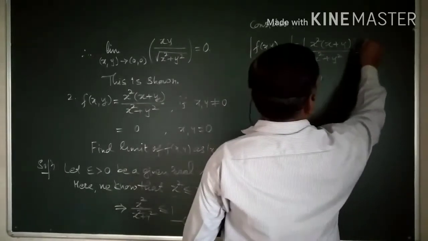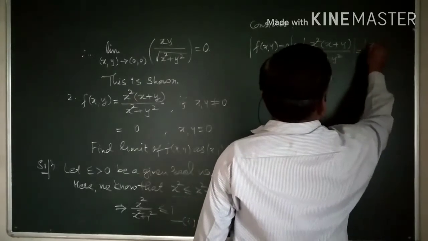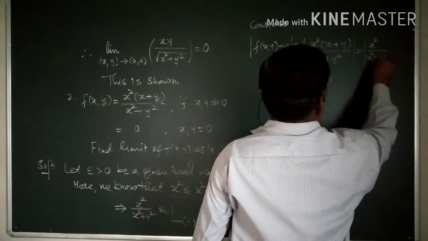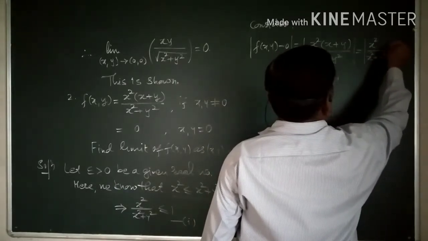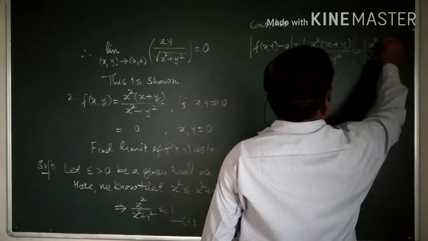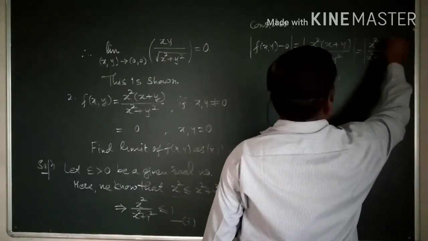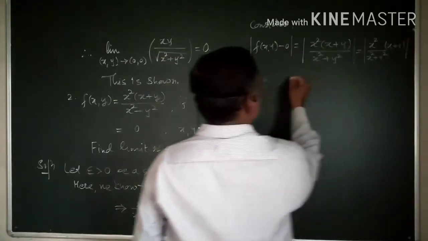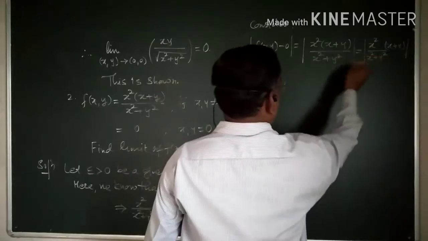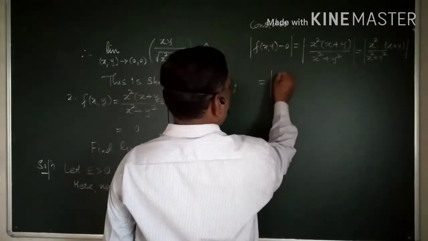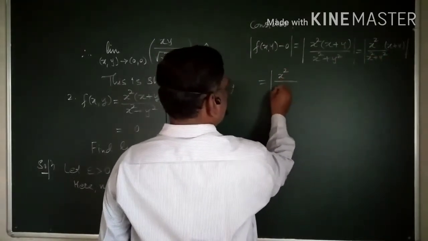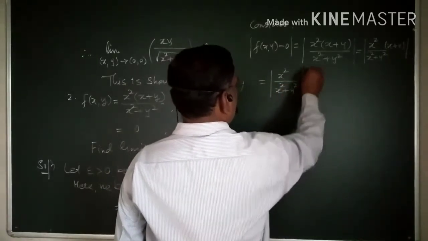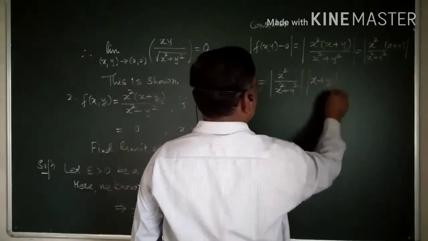This is nothing but the absolute value of x square upon x square plus y square, into the absolute value of x plus y.